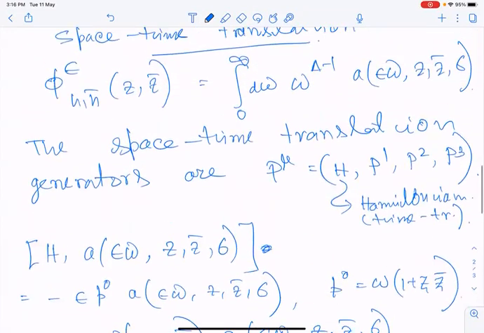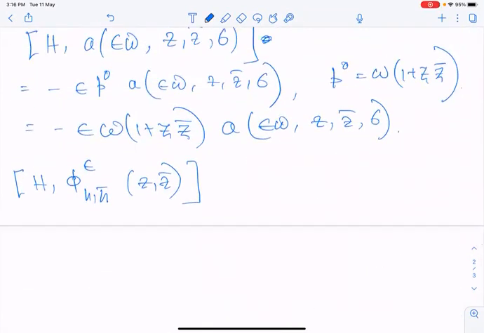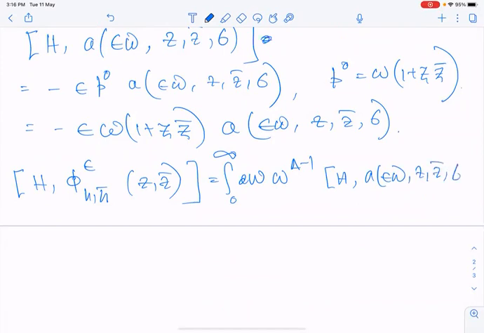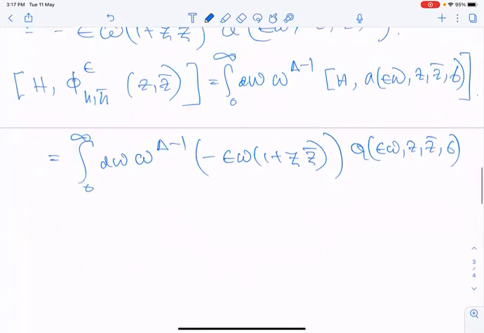If you just look at this integral, we can take the H inside the integral, and then this of course becomes... Now, once I substitute this, what I get is, this comes out and I have a factor of omega.